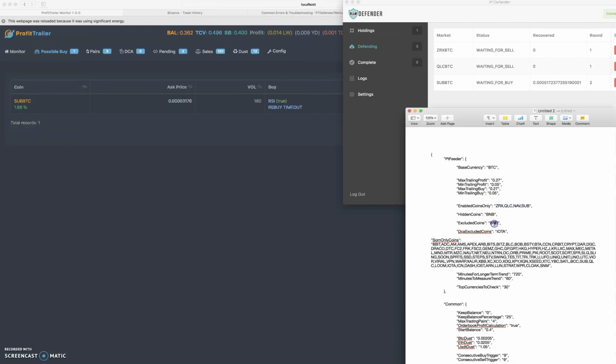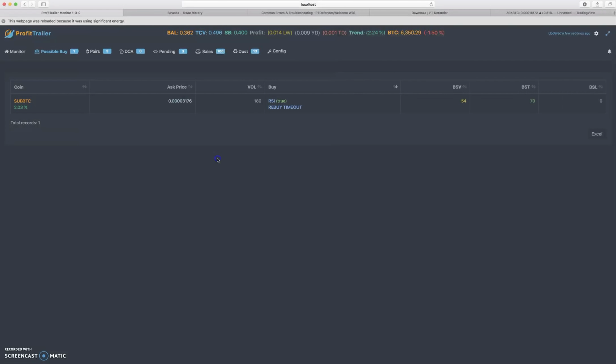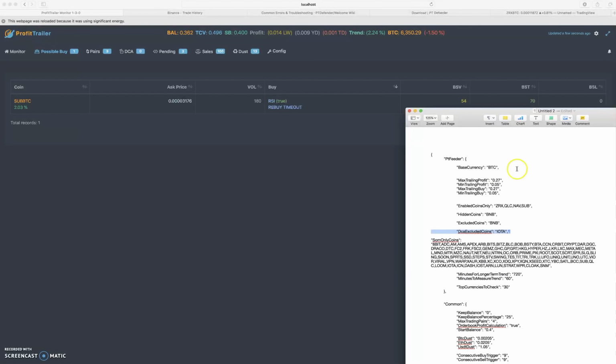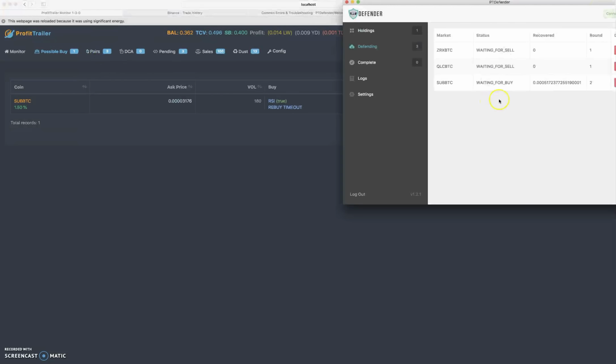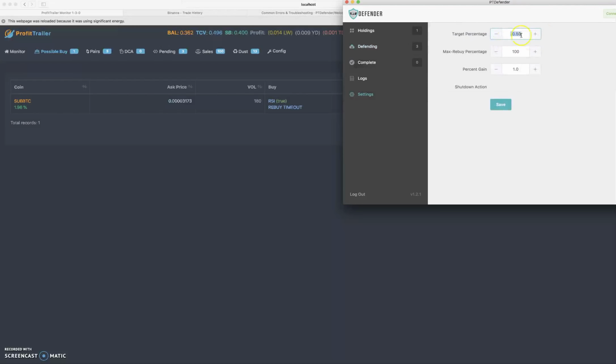So yeah, this is my strategy: use enabled coins only. Hidden coins, normal. Excluded coins, normal. DCA excluded. I'm not sure why IOTA's in there. I probably was messing around with that in testing. If I'm going to use a DCA strategy within PTDefender, and what that means is if you have your settings set to a target percentage of negative 0.5%, that means after Profit Trailer buys and PTDefender buys your coin, and you're sitting in this stage waiting for sell, your coin value immediately after will be at whatever this target percentage is, okay?